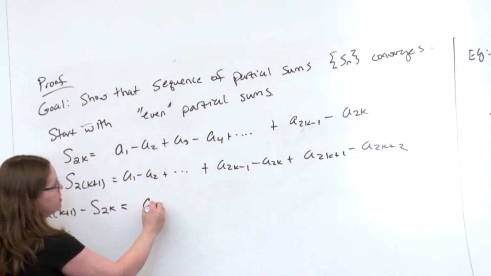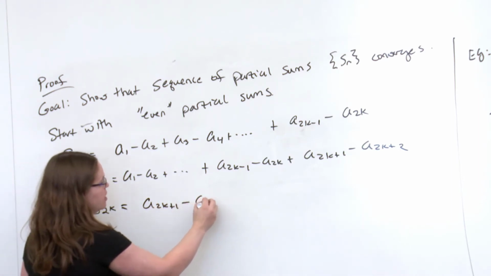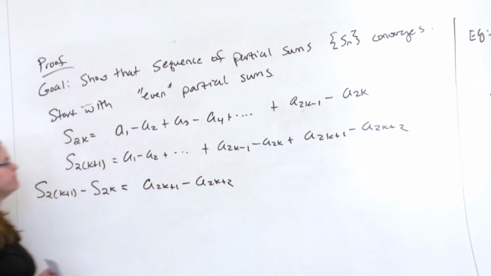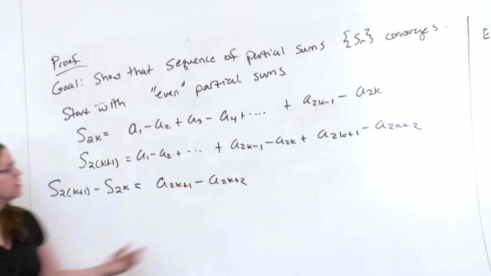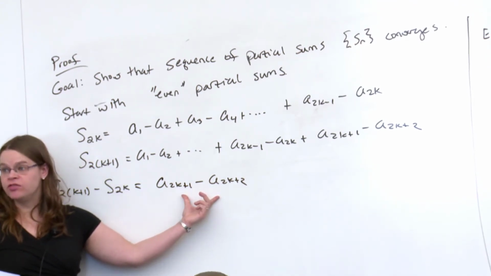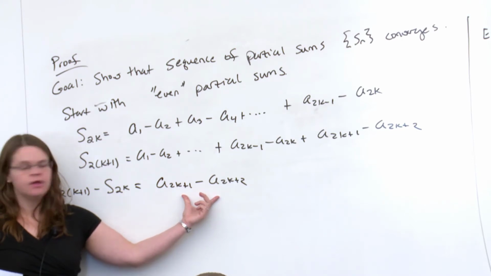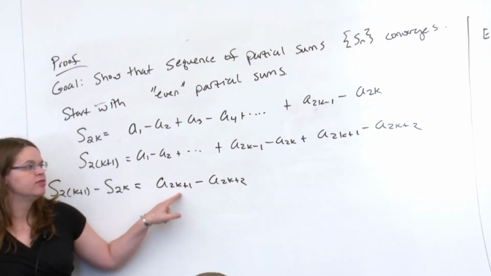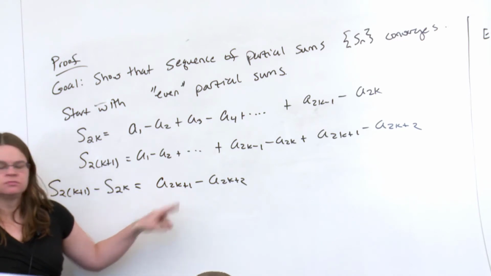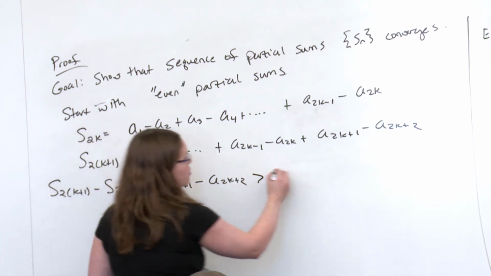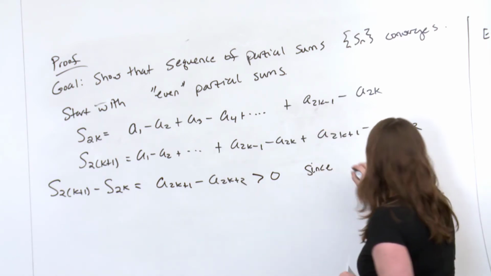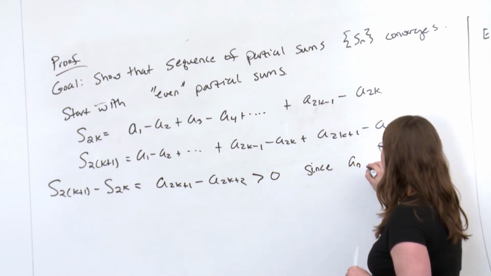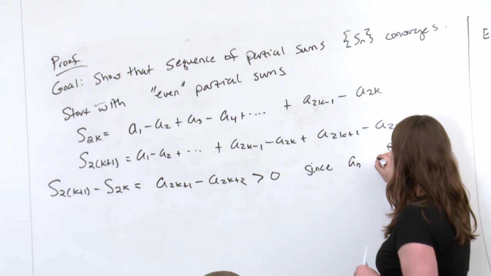So we get a_(2k+1) minus a_(2k+2). Okay? We know that this is a decreasing sequence, right? That means this number is smaller than this number. So this is bigger than 0 since the a_n are decreasing.